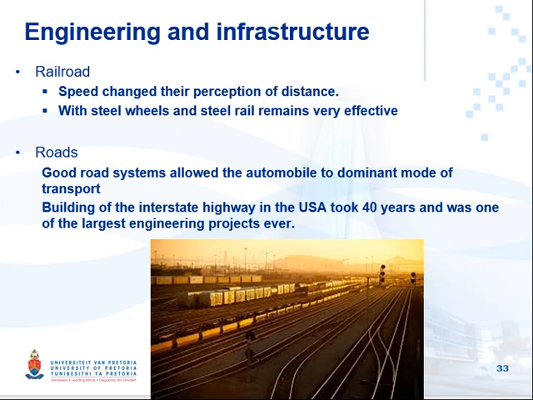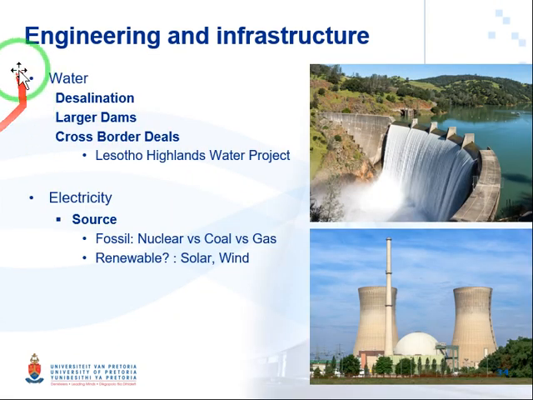Building the interstate highway network in the US took 40 years to finish, and it was the largest engineering project ever. So you can imagine the size of the project.